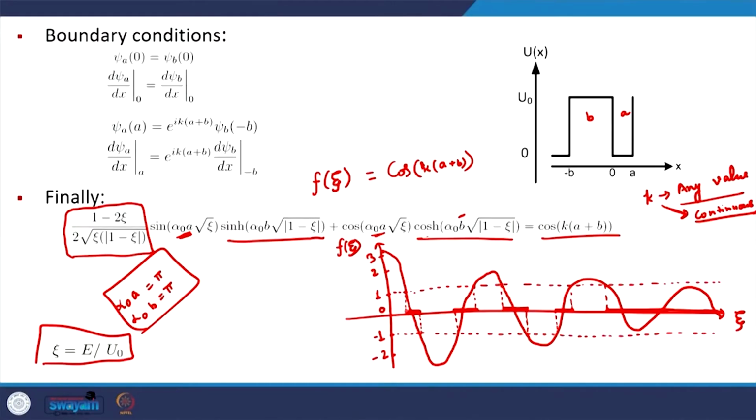So, these highlighted portions on the xi axis essentially are the xi values for which we have a valid k value, a valid crystal momentum for the electron. So, we can say that electrons can only occupy these energy values, and there are certain energy values which are prohibited for the electron.